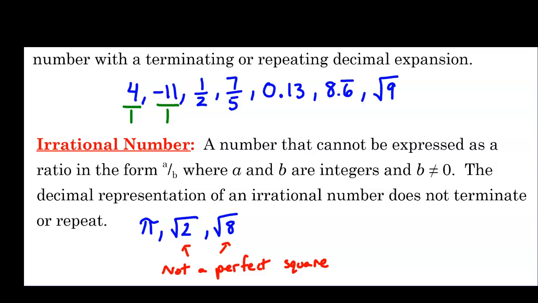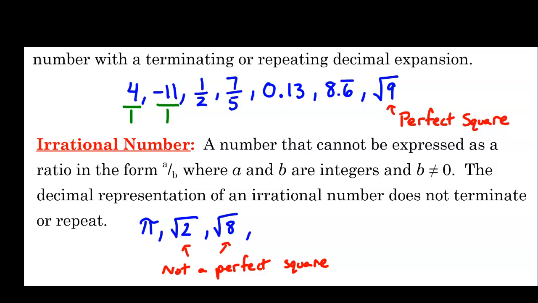Square root of 9 is 3. 3 is a rational number, so square root of 9 is rational. So we can make note here that the radicand was a perfect square. This is helpful because now we have more examples of irrational numbers other than pi.